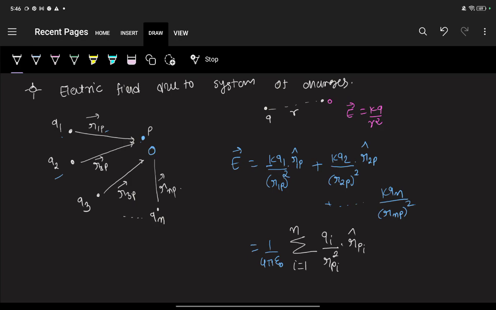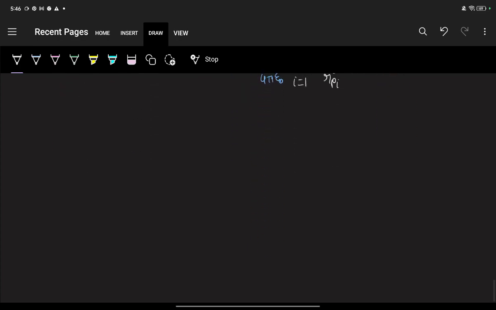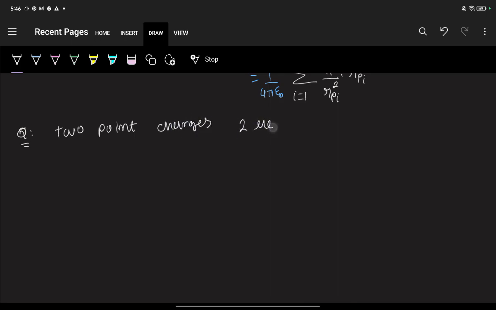Okay, let's take one example. Two point charges, 2 microcoulomb and 8 microcoulomb, are placed 12 centimeter apart.